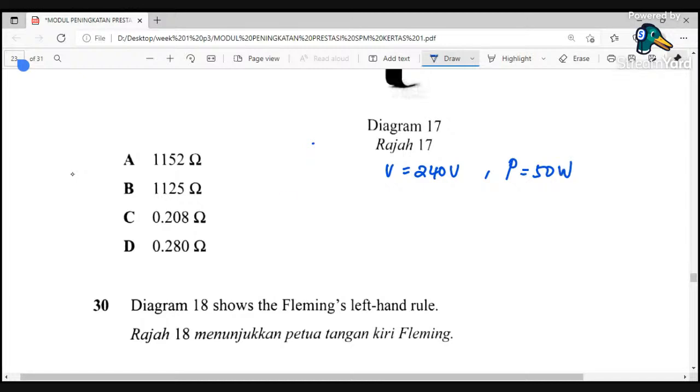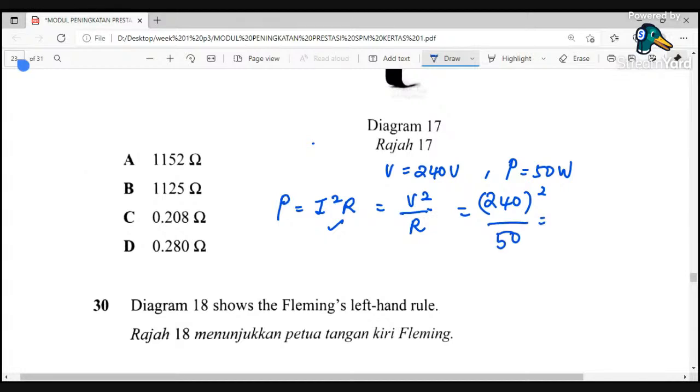Formula P equals to I squared R ataupun V squared over R. Kalau you nak guna formula ni, you kena calculate current dulu. Saya terus guna formula ni, P equals to V squared over R. So V squared ialah 240 squared divided by 50.